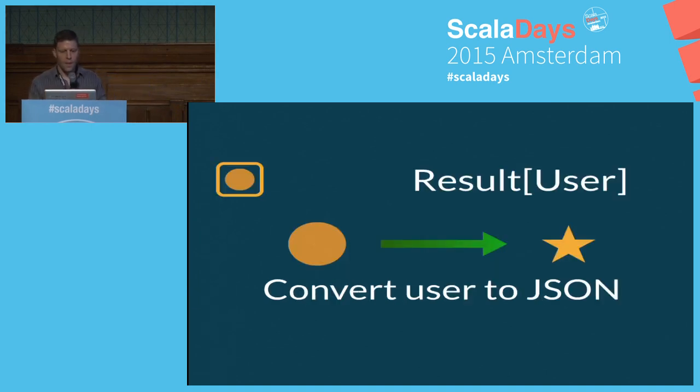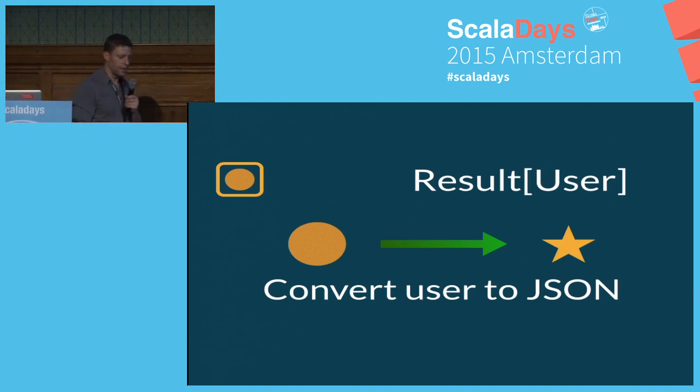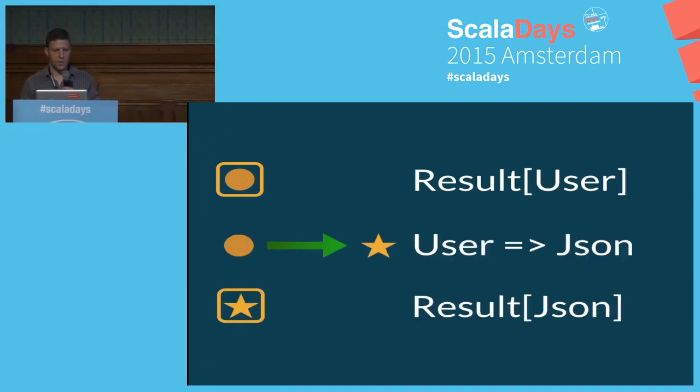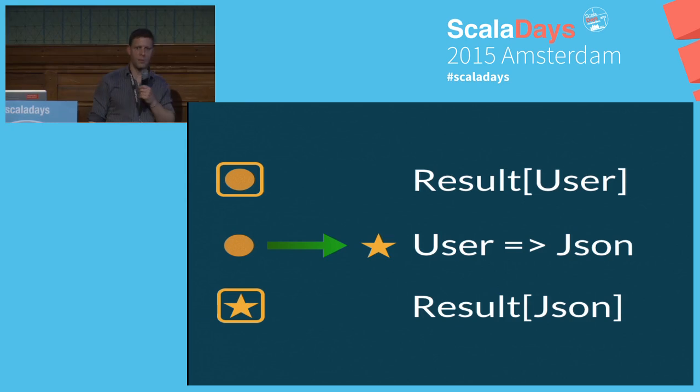Okay. Then let's say we want to convert our user to JSON. Very standard thing to do in a web service. So this looks like this, say, give me a user and I'll give you back some JSON. Circle to star. And our result is going to be a Result of JSON, because of course we might not have a user, and if we don't have a user, then we can't convert it to JSON.